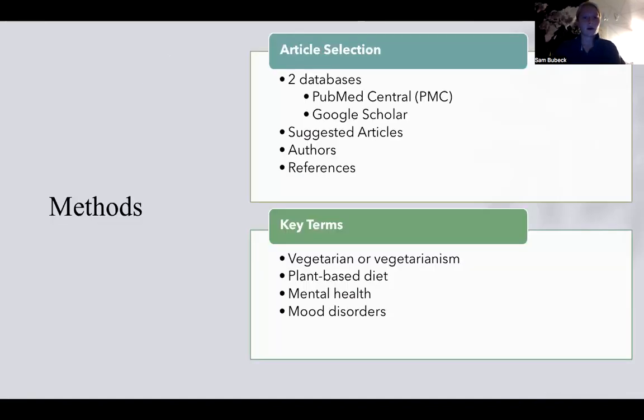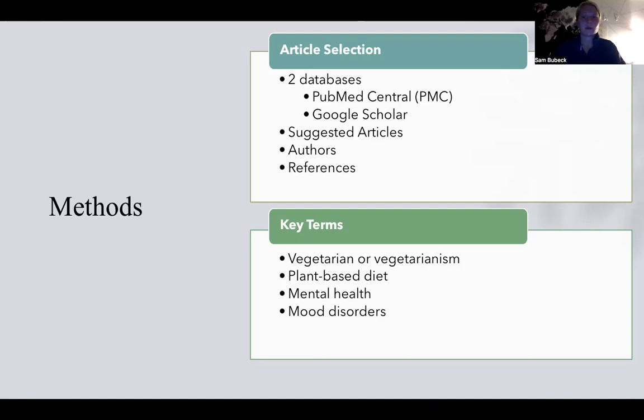So, my methodology for my article selection, I kept it pretty simple with only two databases. My reasoning for only keeping two databases was because it got messy, for lack of better words. I found enough data with using just PubMed Central and Google Scholar.